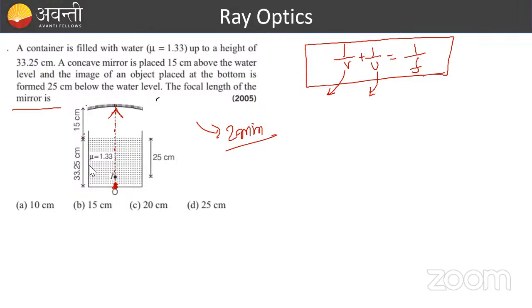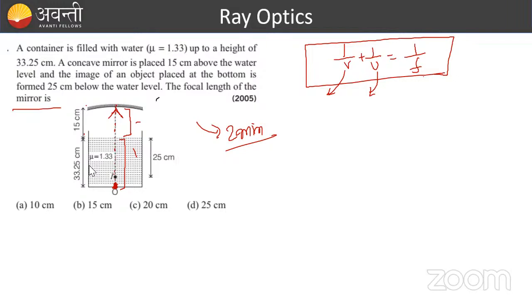So see here, some part of the light is traveling in water and some part of it is traveling in air. So object distance won't be 33.25 plus 15. Why won't it be that? Because this is a different medium and this is a different medium.